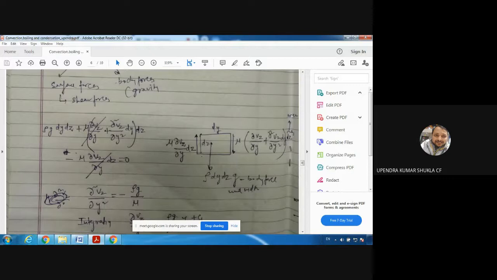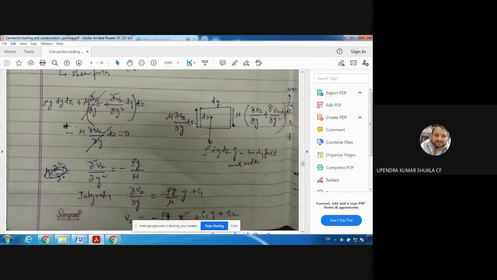Dz is the area, because we have taken unit thickness, so dz into 1 is the area. This is from the Taylor series expansion: if you know the value of the function at z, then at z plus dz you can get the value of the function.